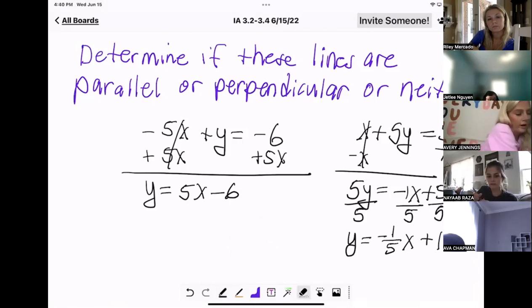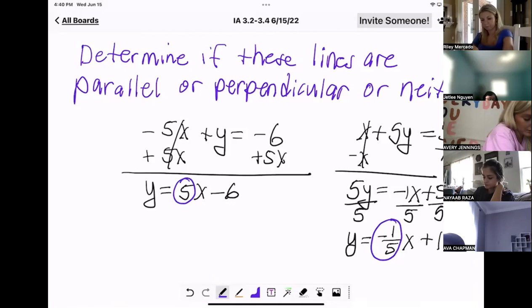Now, let's look at what we got. We have a slope of 5, and a slope of negative 1/5. So they're not parallel. Are they perpendicular? Are 5 and negative 1/5 opposite in sign? Yes. Are they reciprocals of each other? Yes. If I put 5 and flip it, it's 1/5.